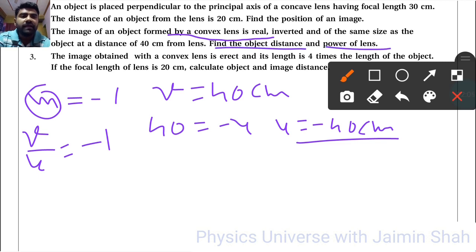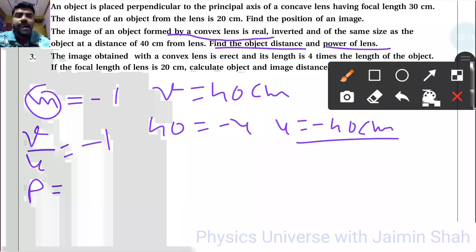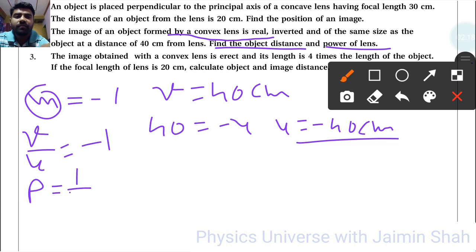Now the power of the lens P. To find the power of the lens we have to find 1 upon f. The formula is 1 upon f is equal to 1 upon v minus 1 upon u.